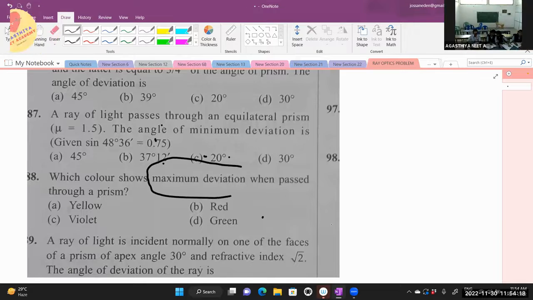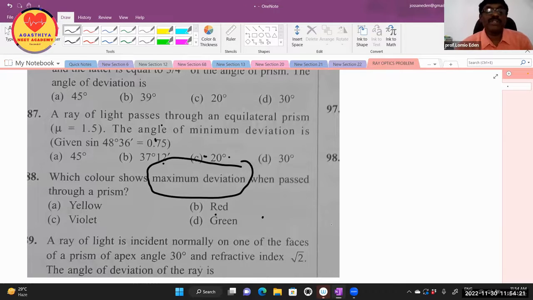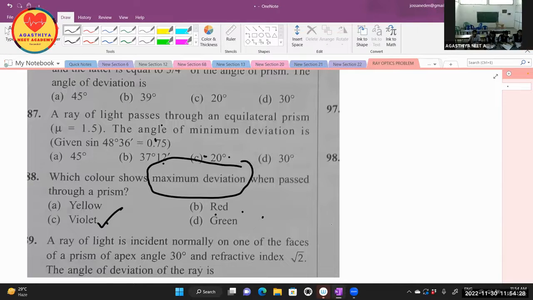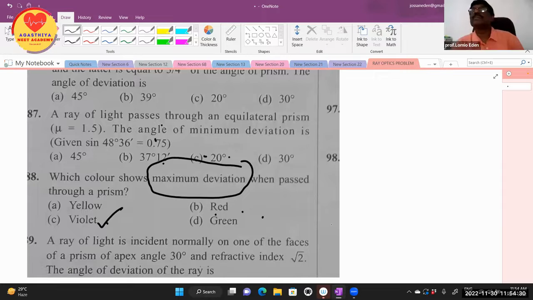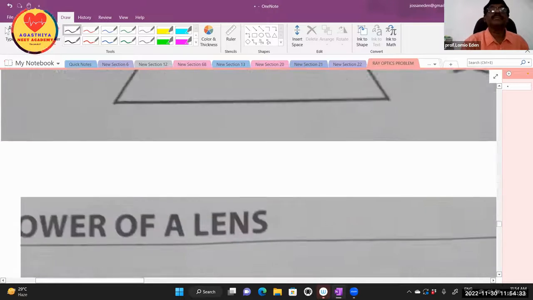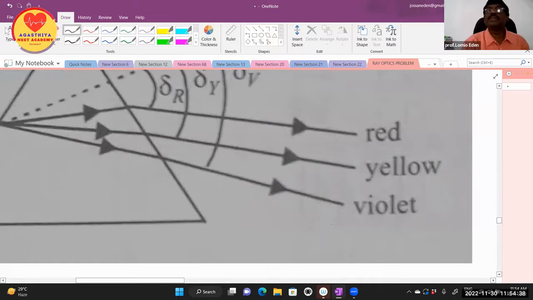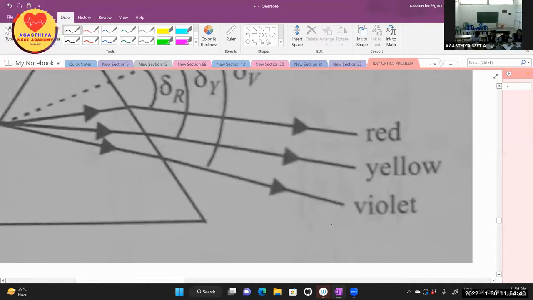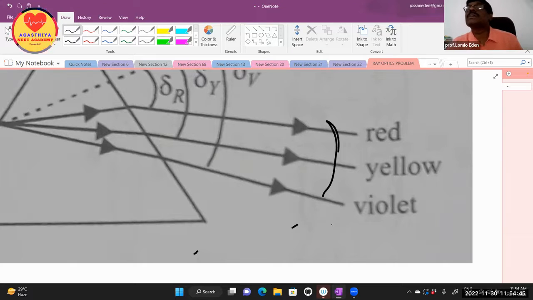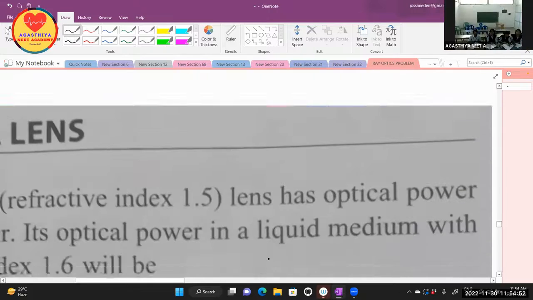The maximum deviation is produced from which color? Violet. Correct? See this one? The maximum deviation is violet. Minimum deviation is red. Between the violet and red, other colors will come. That is VIBGYOR. Violet, indigo, blue, green, and all.